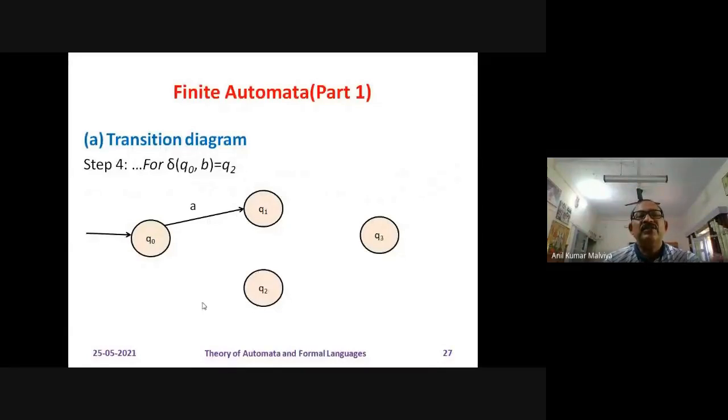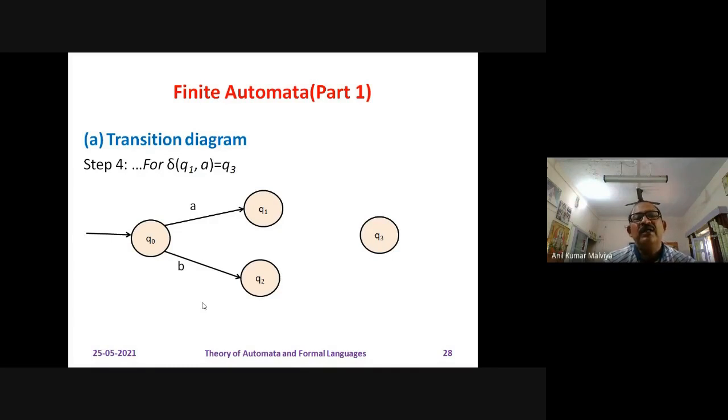Next function, look at the transition table, row Q0 and column B. You can find the entry Q2. Therefore, we can draw an arc from state Q0 to state Q2 labeled B this way. Now, look at row Q1 and column A. The entry given is Q3.